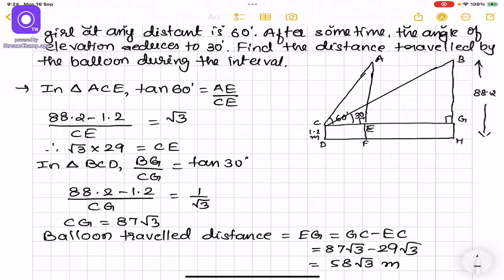So this much it has traveled. If the value of root 3 is given, we have to put it and multiply. But in this question it is not given, so I am putting it as root 3 only. Sometimes it is given to take root 3 equal to 1.73 or 1.732, so accordingly you have to multiply.